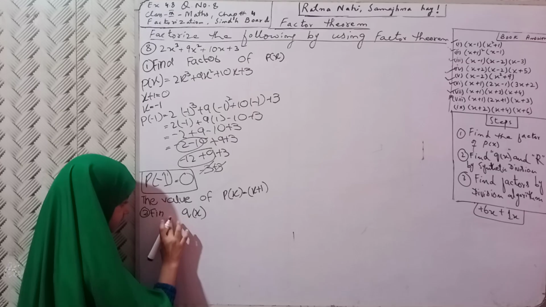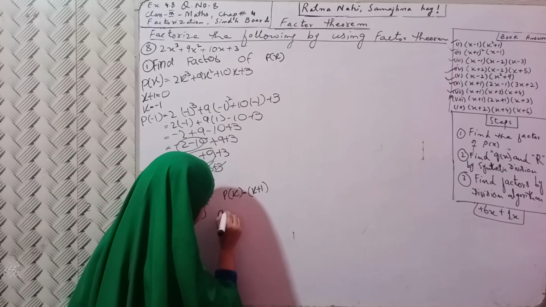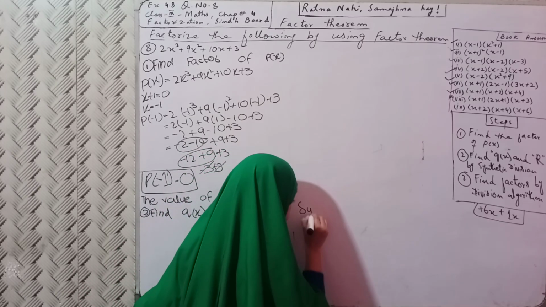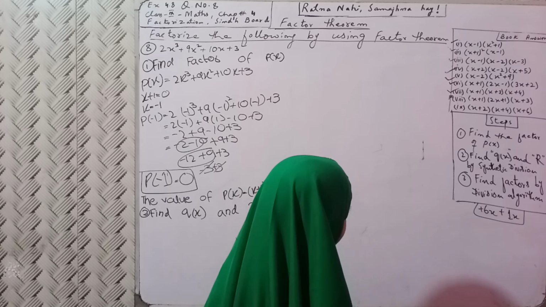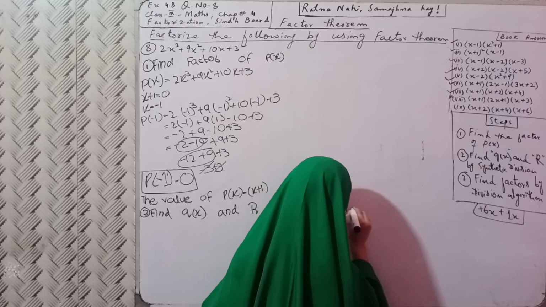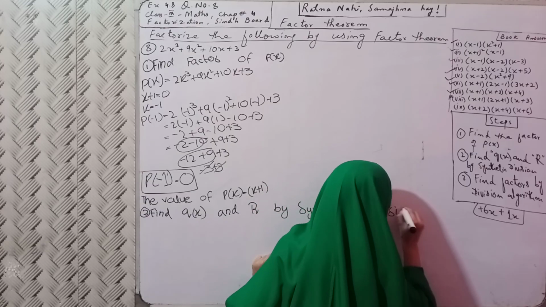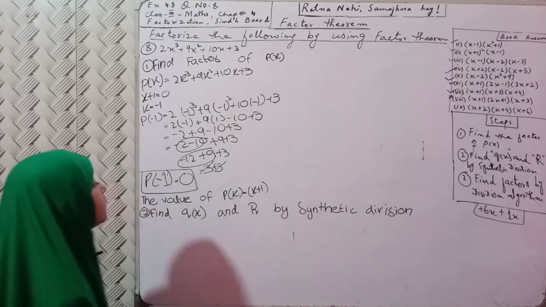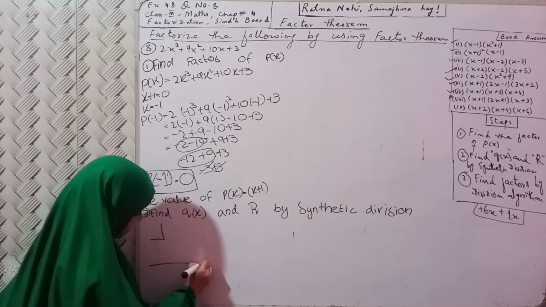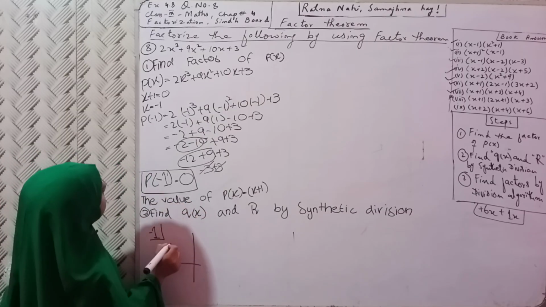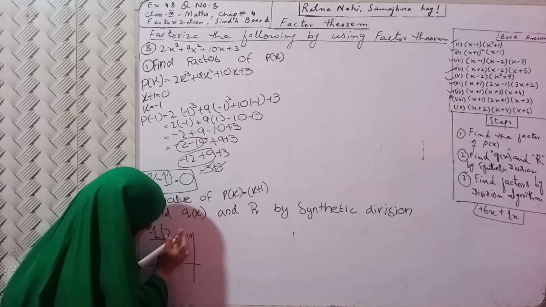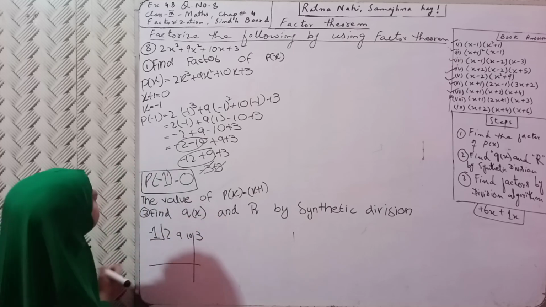q(x) and r by synthetic division. Okay, now we will do it like this: here will come minus 1, then 2, 9, 10, 3. 2, 9, 10, 3.